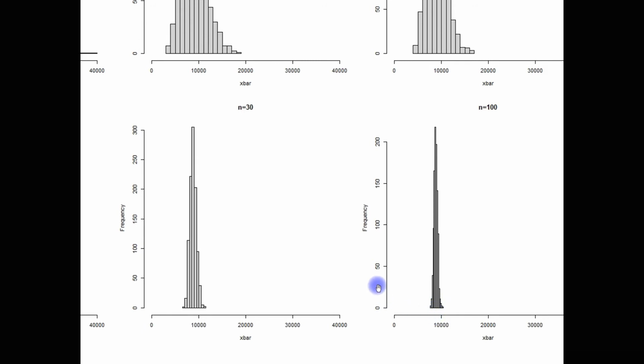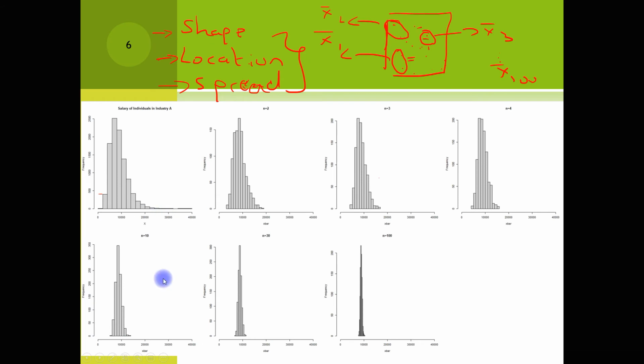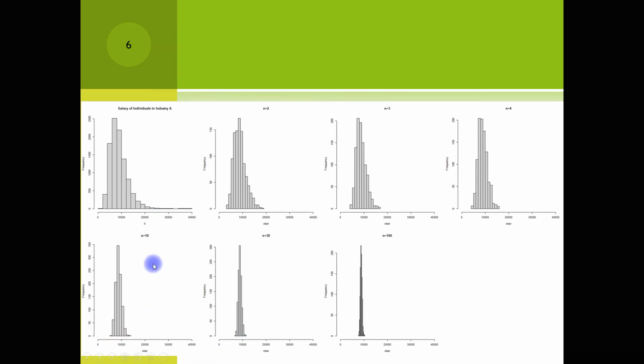That's the first observation. Let's write it down. The first observation is that the locations are the same.